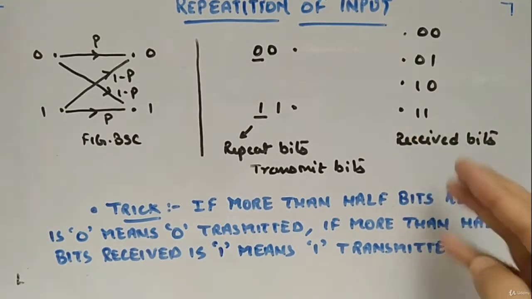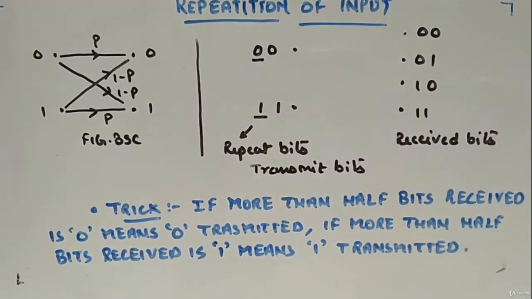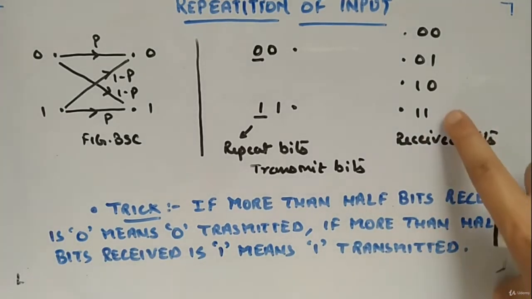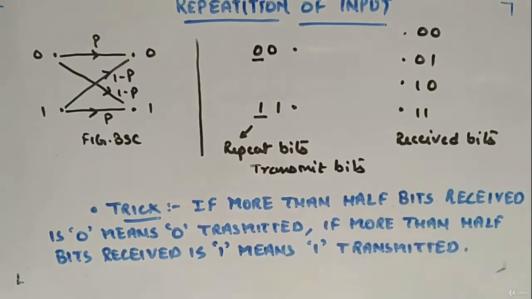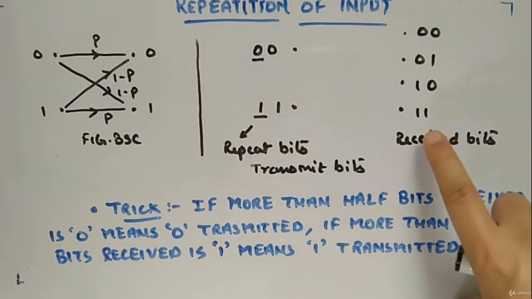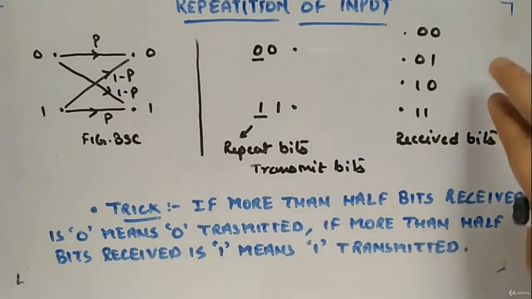Similarly, more than half means half is 1, there are total 2 bits, so there should be more than 1 bit that is a one or a zero. Similarly, if I receive 1 1, then and only then will I assume that 1 has been transmitted, because more than half the bits are 1. That's what is written here.